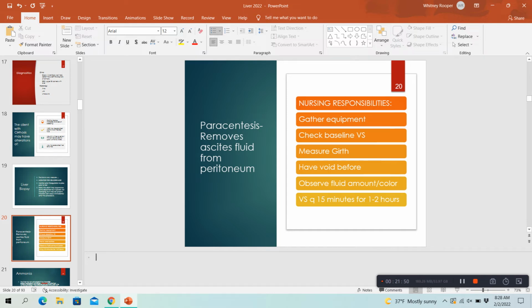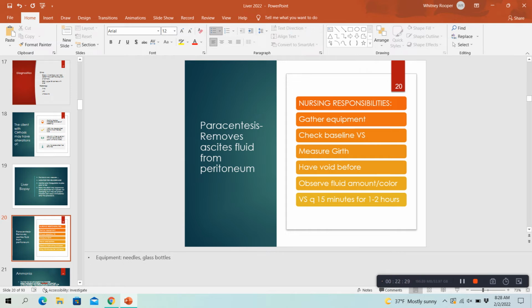So you need to gather the equipment, which is the needles that they're going to use. You're going to gather the glass bottles. Most of the ones I've ever done are glass, because plastic can hold infection inside, and the glass is more sterile. You don't want to risk infection going inside as you're doing this, right? So most of them are glass.